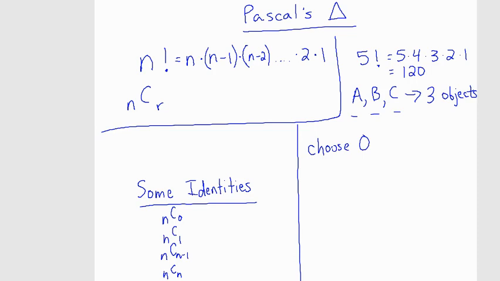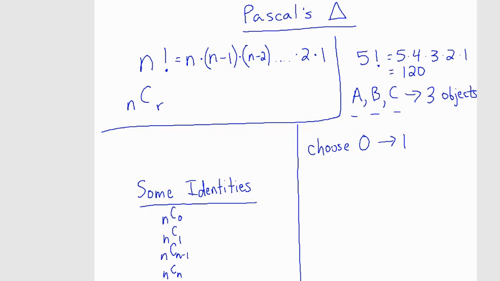I don't want to choose any objects from this group. How many ways can I do that? Well, there is one way to do that, and that's by not choosing any of them. The default might be to say, oh, there's 0 ways to do that, because that's ridiculous. Why would you do that? But the act of not choosing is still a choice.